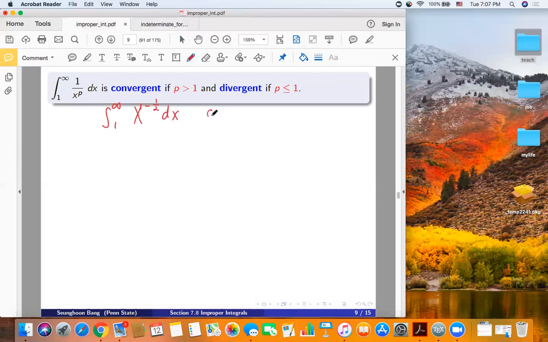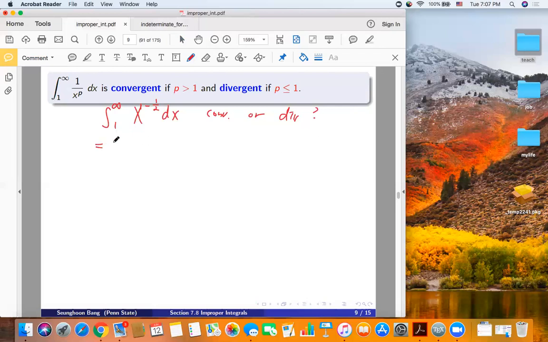What is the answer? Is this convergent or divergent? What do you think? Divergent?